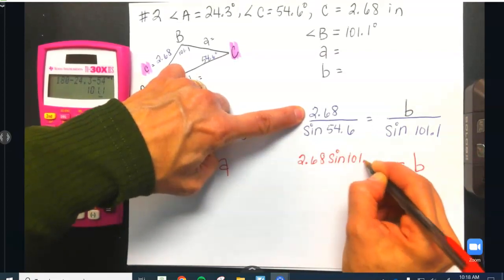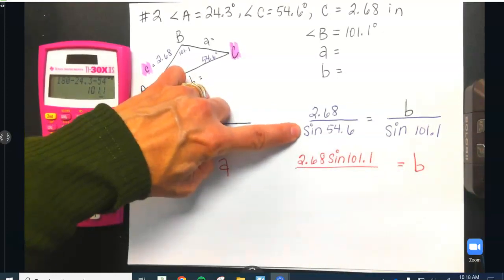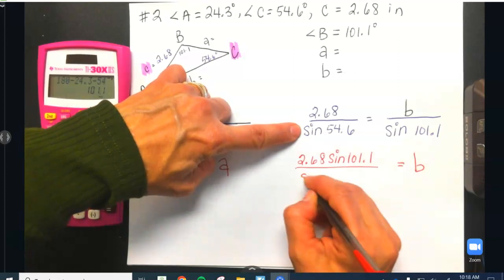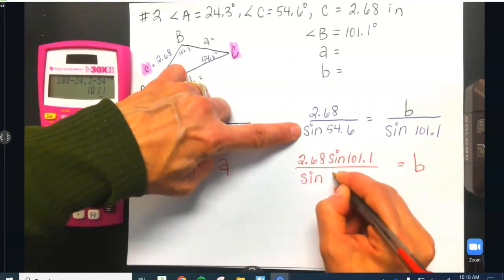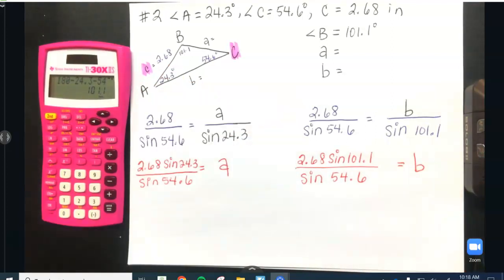And remember, you always divide by the other one. The other one's this. So we're going to divide by sine of 54.6. Yeah, those are required. Yep.